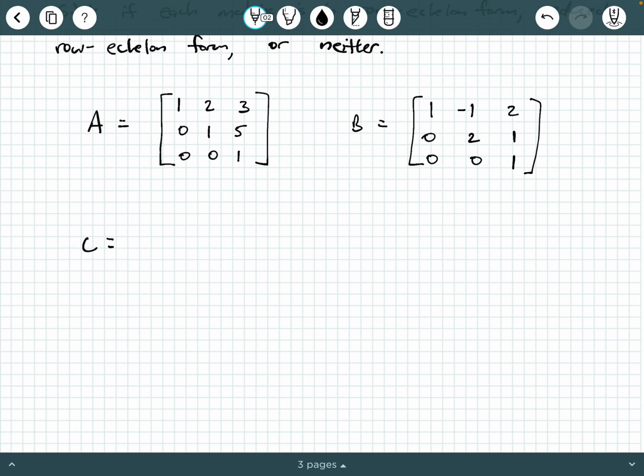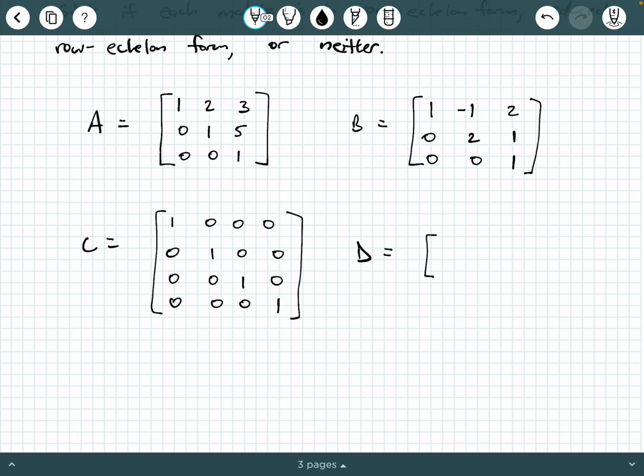And then let's say matrix C is 1 0 0 0, 0 1 0 0, 0 0 1 0, 0 0 0 1. And then let's say matrix D is 1 0, 0 1. Okay, so let's look at these 4 options here under solution.